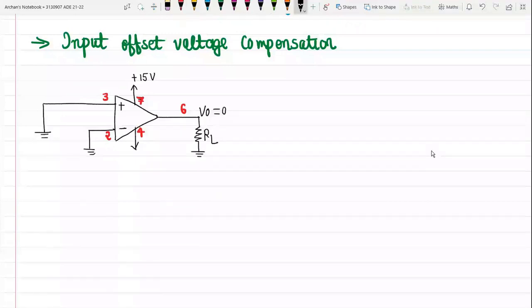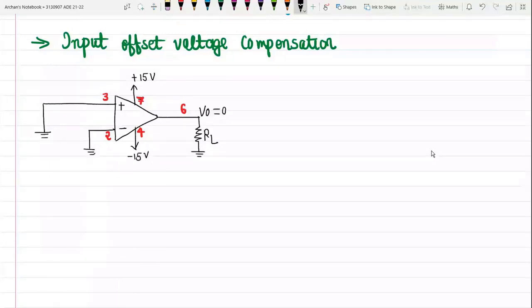For many operational amplifiers, the offset compensation pins are provided to nullify this offset voltage. The manufacturer's specification must be referred to use these compensation pins. We have considered the case of IC741, where we have these two pins, pin number 1 and pin number 5. We have introduced pins 2, 3, 4, 6 and 7.